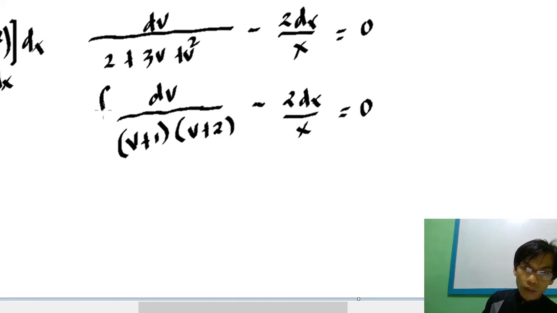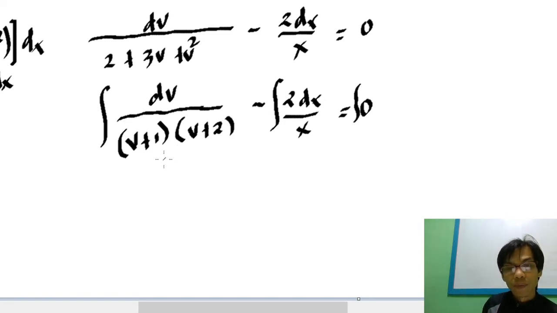If we try to integrate each term, this term can be integrated by what? By partial fraction. Integration by partial fraction.